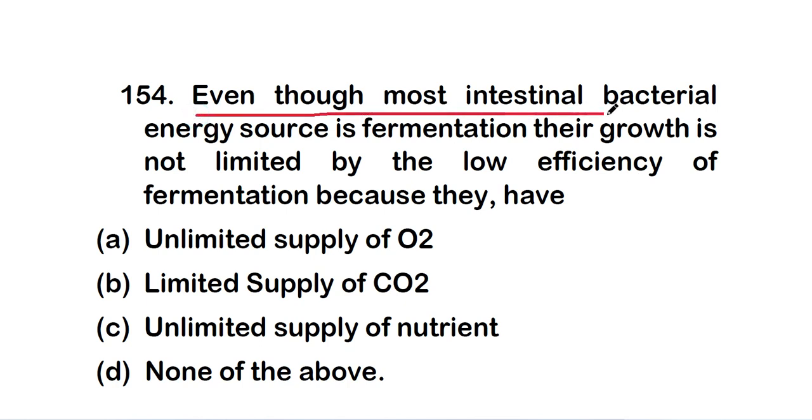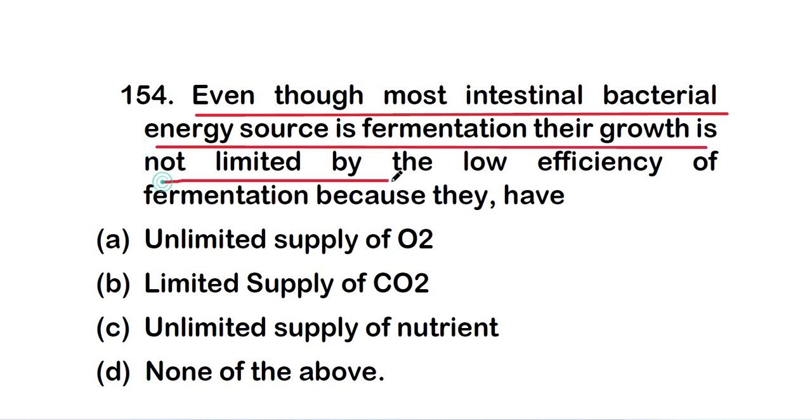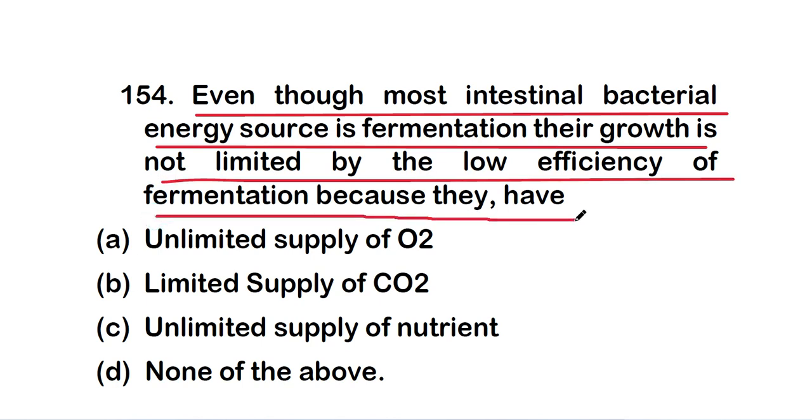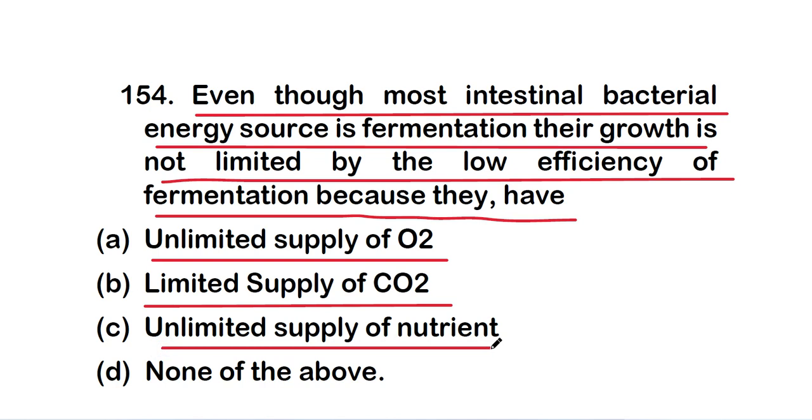Even though most intestinal bacteria's energy source is fermentation, their growth is not limited by the low efficiency of fermentation because they have option A unlimited supply of O2, option B limited supply of CO2, option C unlimited supply of nutrients, option D none of the above.